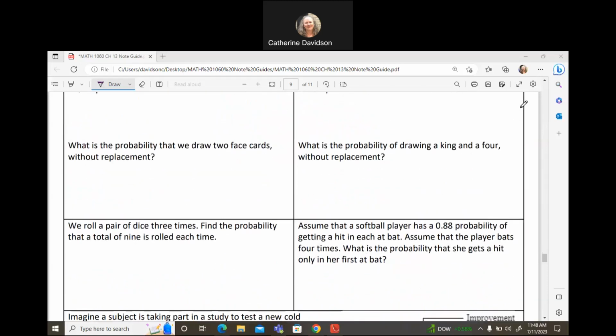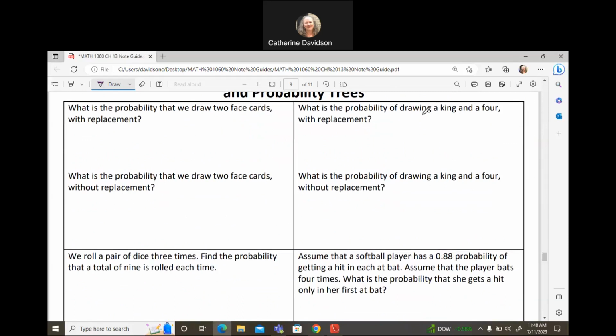All right, so our first one is, what is the probability we draw two face cards with replacement? With replacement means once we draw the card out, we're going to put it back in. So the probability of a face card and a face card: in a deck, there's 12 face cards out of 52.